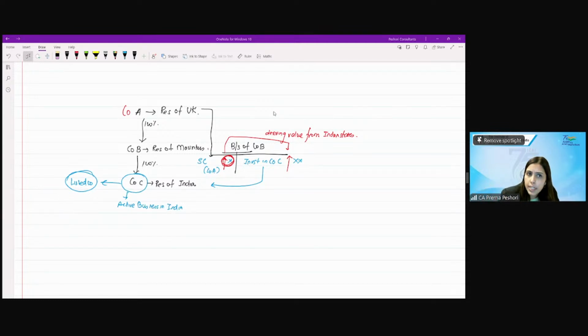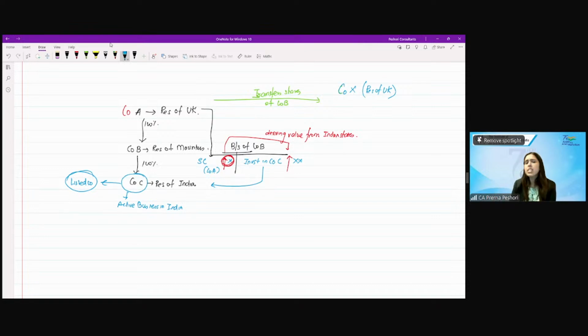So, what company A does is, company A transfers the shares of company B to, let's say, company X, which is also, let's say, resident of UK. So it is not selling the shares of company C, it is selling the shares of company B.